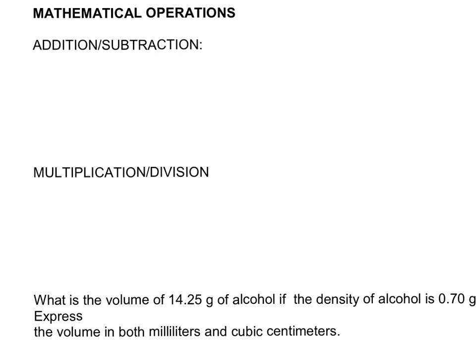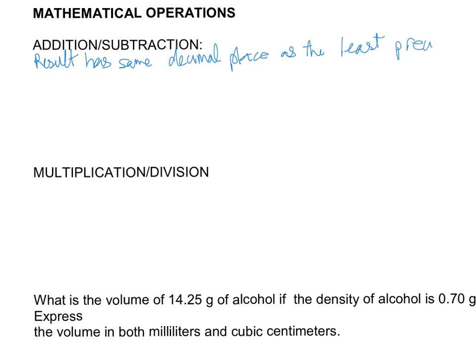So the rule for that one says that the result has the same decimal place as the least precise number used in the calculation. So what we care about here is decimal place.